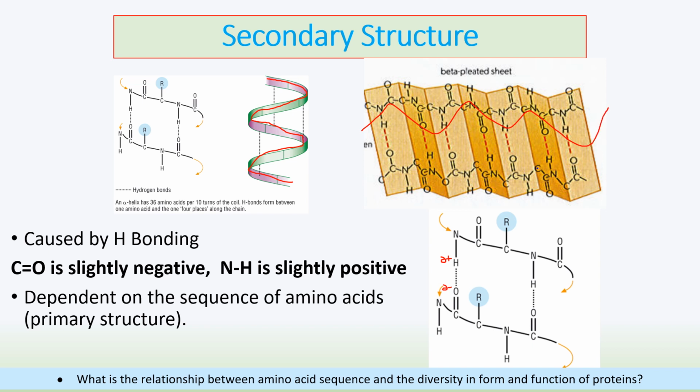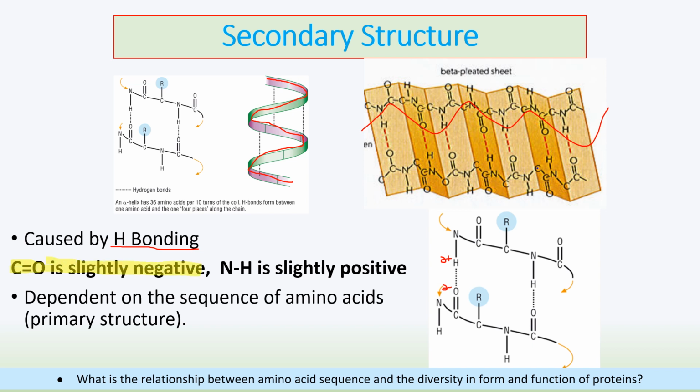Now, this is caused by hydrogen bonding, and the reason it's caused by hydrogen bonding is because if you look at the amino acids and look at the groups, you have a C double bond O group. So if I just do this in a different color to show you, make sure it stands out for you. So we've got the C double bond O group, which is slightly negative.